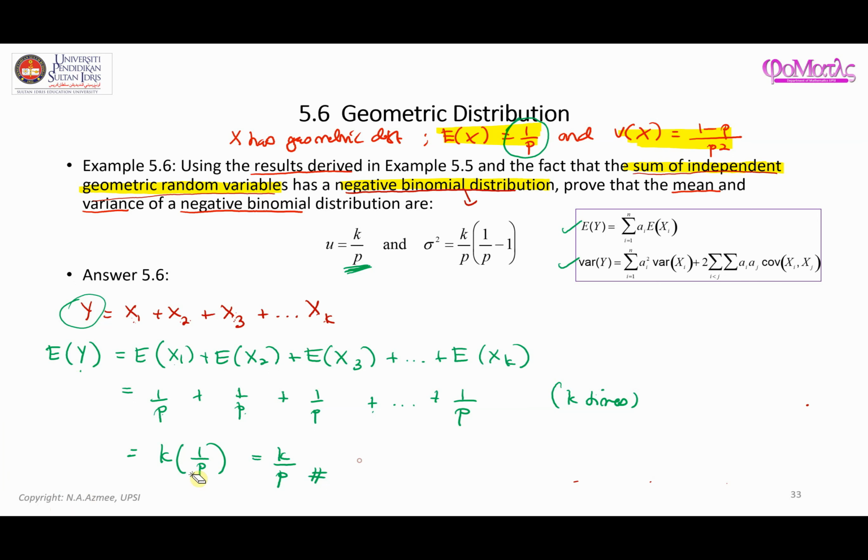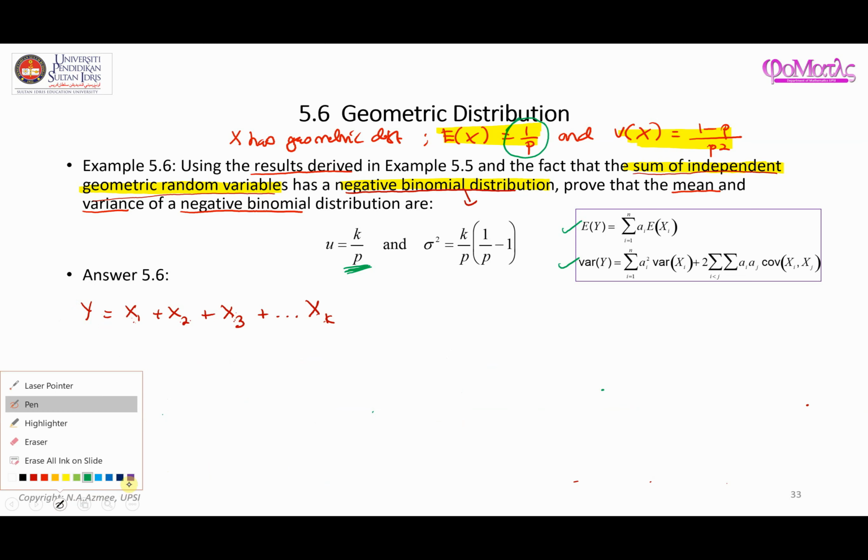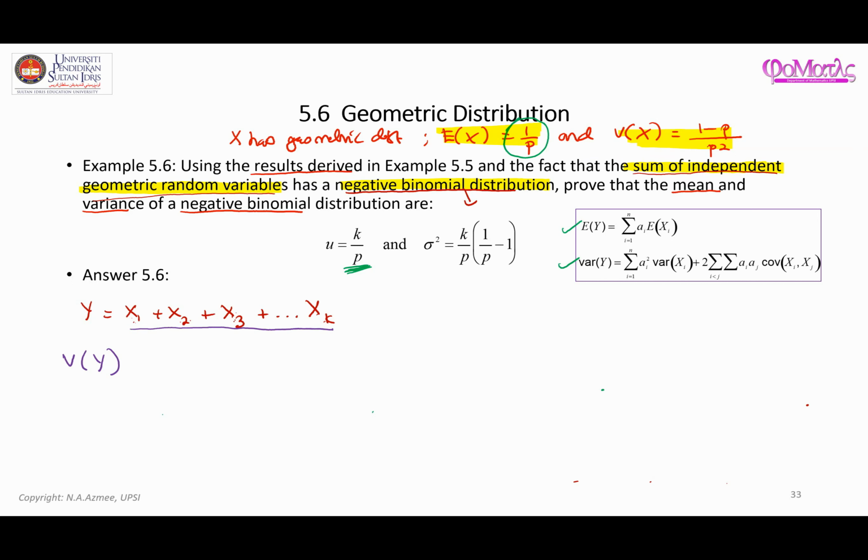So let me just erase this part. Okay, so next we are going to look at finding the variance of Y. This is again a linear combination, and you can apply this formula right here, but our formula is going to be simplified to just this part. This one we don't need to consider because the random variables given here are independent.